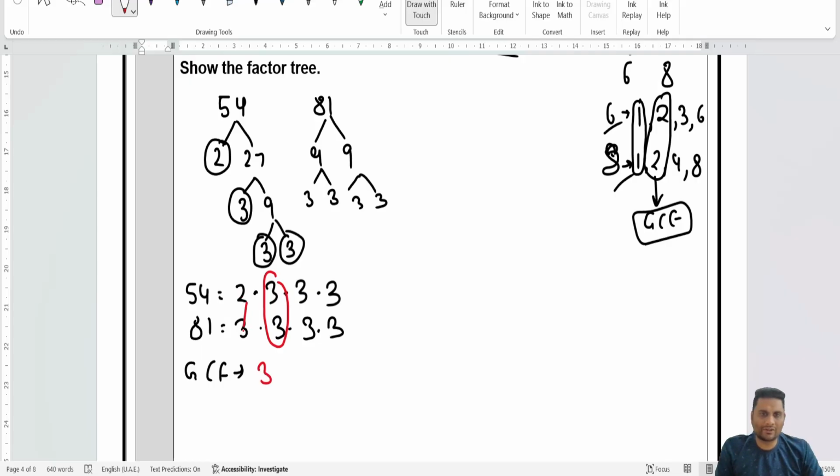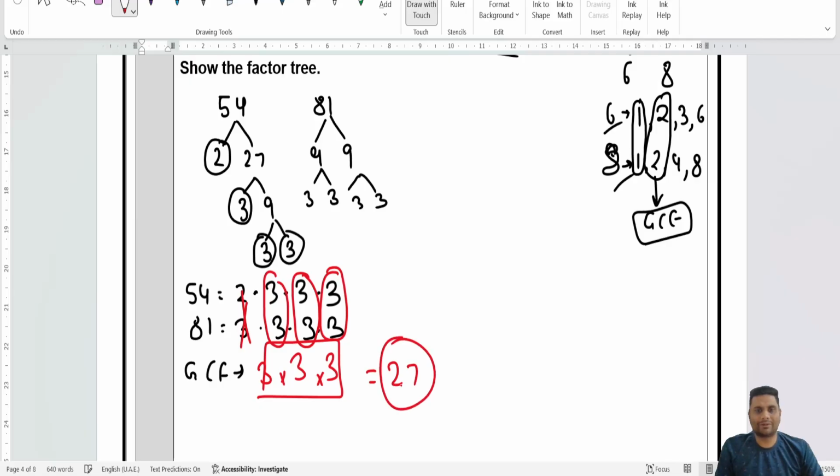This 2 and 3 are not the same, so leave them. Then 3 and 3 are the same, bring it down. Then 3 and 3 are the same, bring it down. This is my GCF, solve it. 3 times 3, 9, 9 times 3, 27. So my GCF is 27. The biggest number which can divide both 54 and 81 is 27.